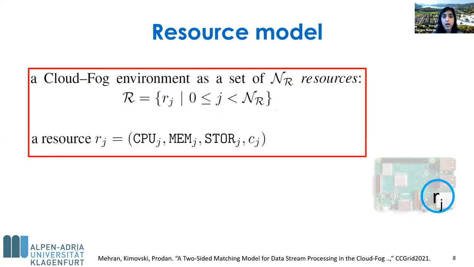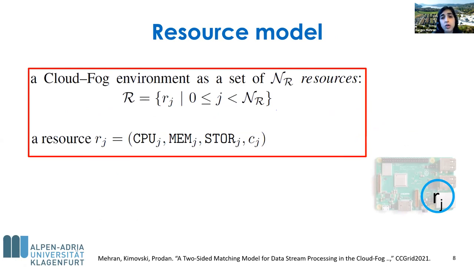On the other side, we have also modeled the resources considering a limited number of resources in the computing continuum. And for each resource, we modeled the CPU, memory, and storage of that specific resource.